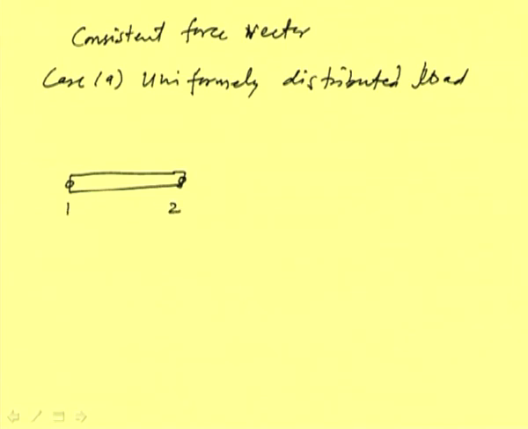So in this case, there is an element, 1 and 2 nodes are there. This is the element length. Load is acting uniformly from here to here, and this is, let us say, F, some constant value.